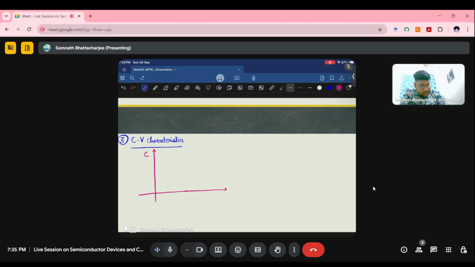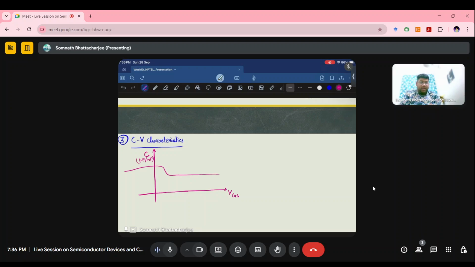You are measuring the capacitance with respect to a VGS sweep, and it looks something like this. This may be in picofarad or nanofarad, so this is in farads, and the plot will look something like this.